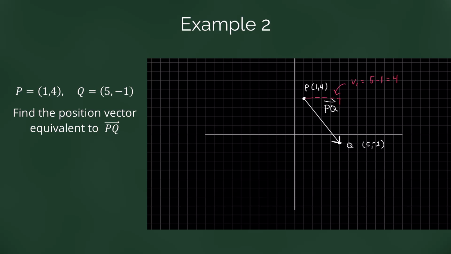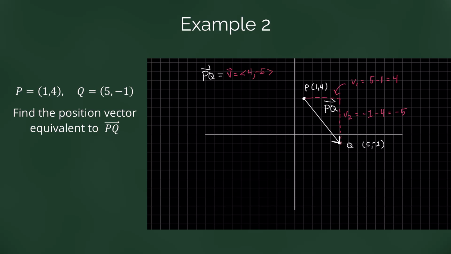Similarly, the vertical component of our vector, V2, is going to be the vertical coordinate of Q, the negative 1, minus the vertical coordinate of P, which is 4, and we get negative 5. So we know that we can write PQ equivalent to the vector V, which is the vector 4, negative 5.